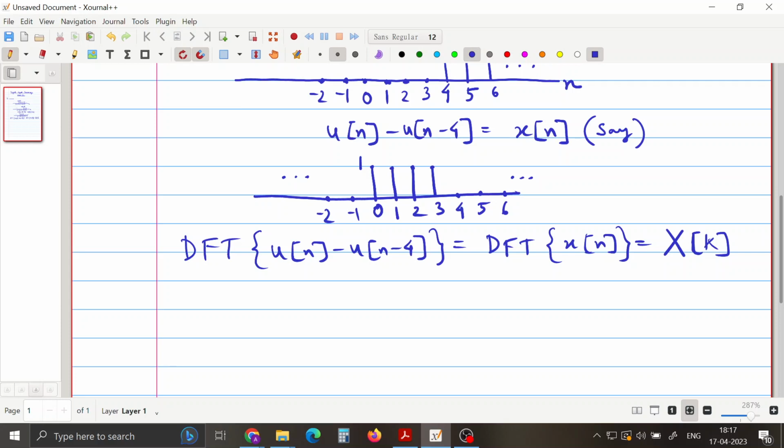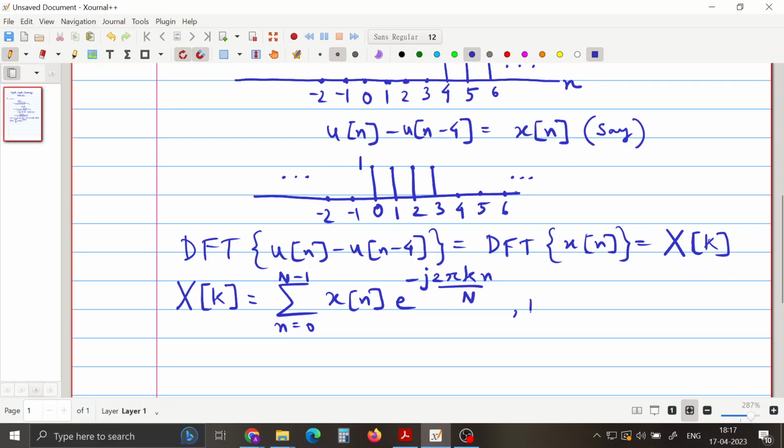So, and what is the general formula for the DFT transform? So you have cap X of k equals the summation, small n running from 0 to cap N minus 1, x of n times e power minus j 2 pi k small n by capital N, right?